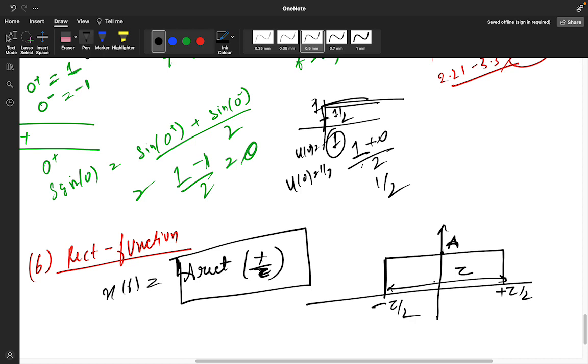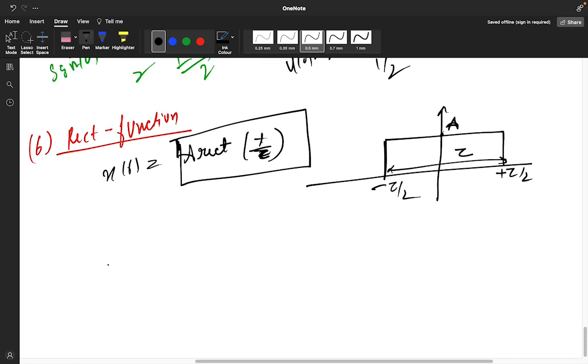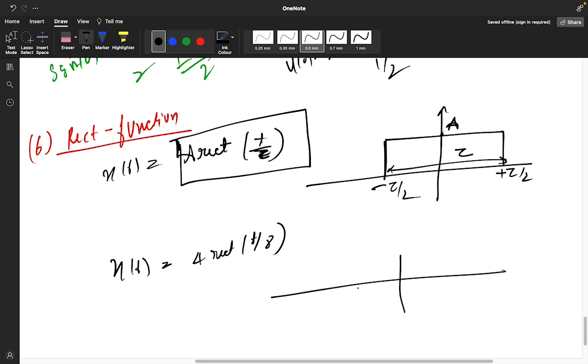If I give you one example, x of t is 4 rect t by 8. So how will my figure look? 8 means from minus 4 to plus 4. Minus 4 to plus 4. And what is this value?